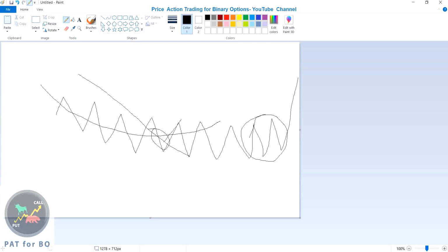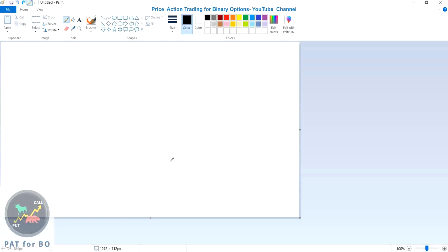Okay, so in that case, let's say your price has come like this, and like this, and your imaginary line is like this. At this spot the trend is just breaking and going like this, because that's why you will see 2, 3 green candles.